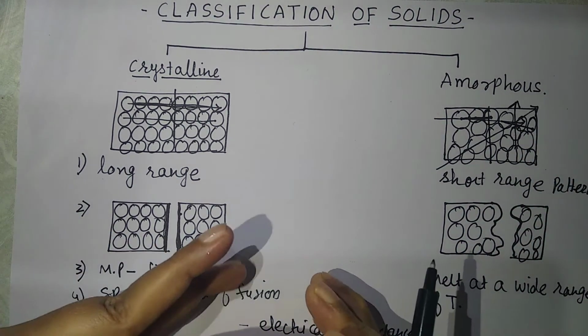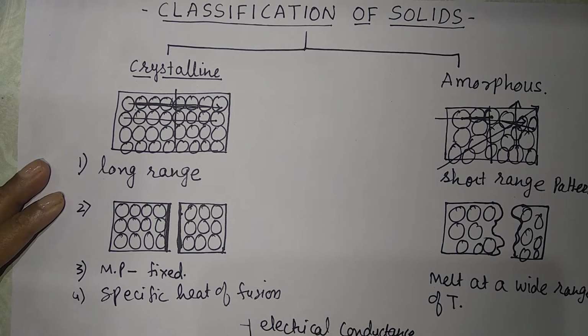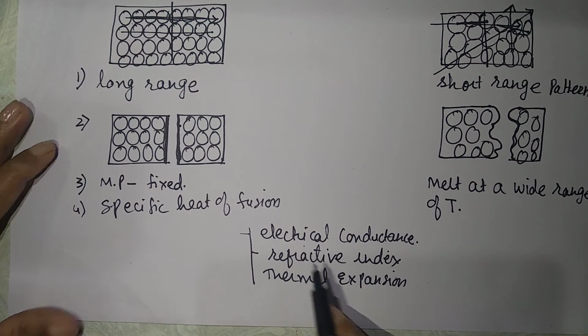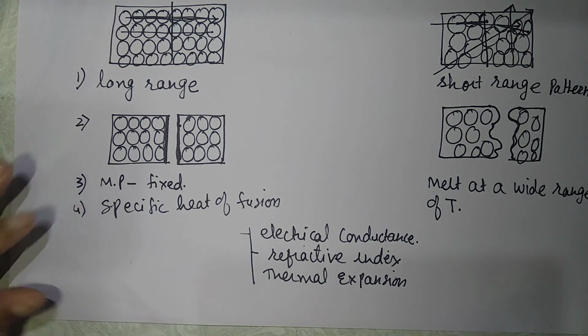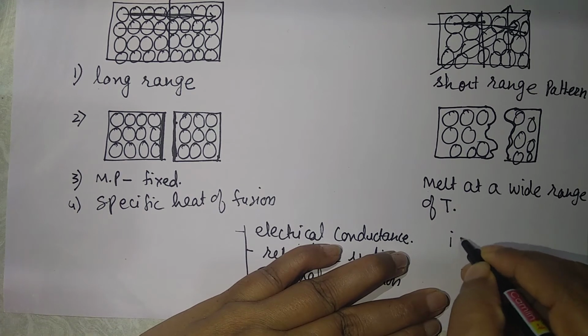Because there is no regular arrangement and the atoms are packed one on the other, all the properties will remain the same. The properties I am talking about are electrical conductance, refractive index, thermal expansion. Those are the properties that will remain the same for amorphous solids. And therefore, as the properties remain the same, we call them isotropic.